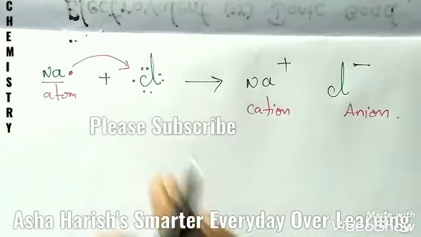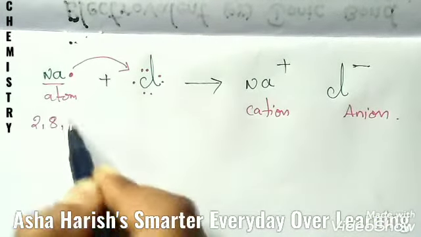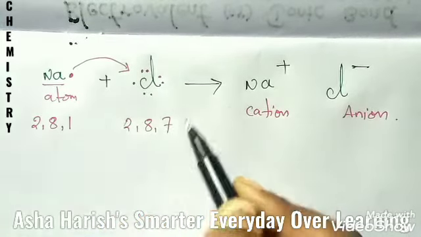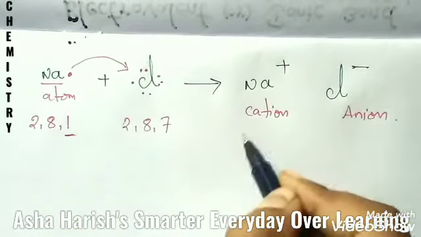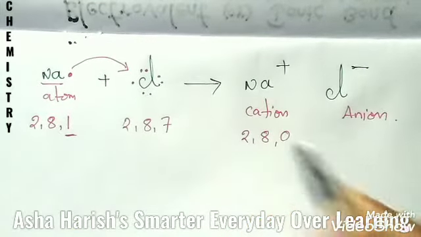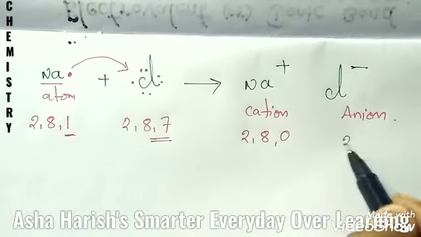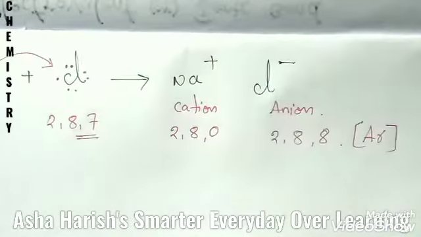If we write the electronic configuration for all of these, here 2,8,1, this is 2,8,7. By losing this one electron, Na+ should get 2,8. By gaining one electron, the chloride anion should get 2,8,8. This is the argon electronic configuration.